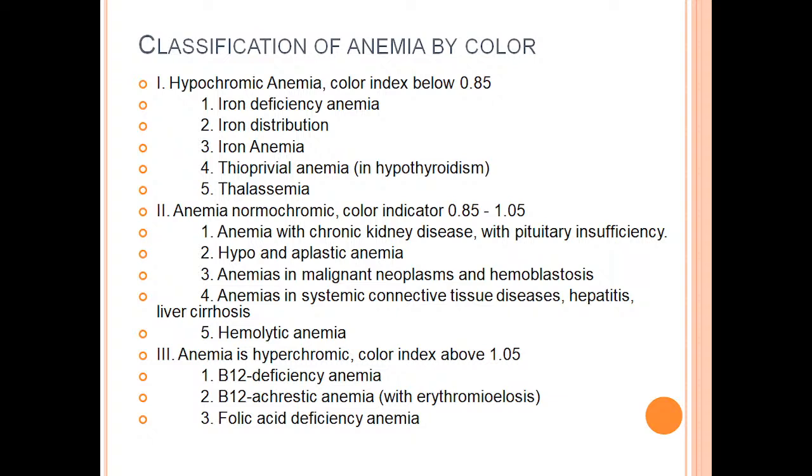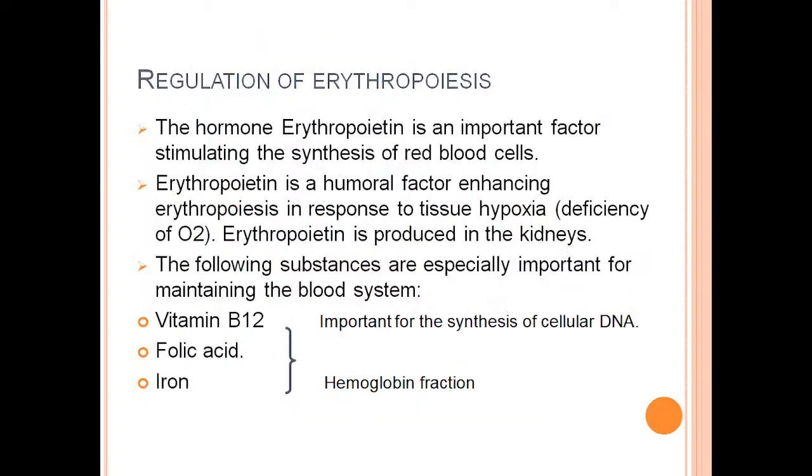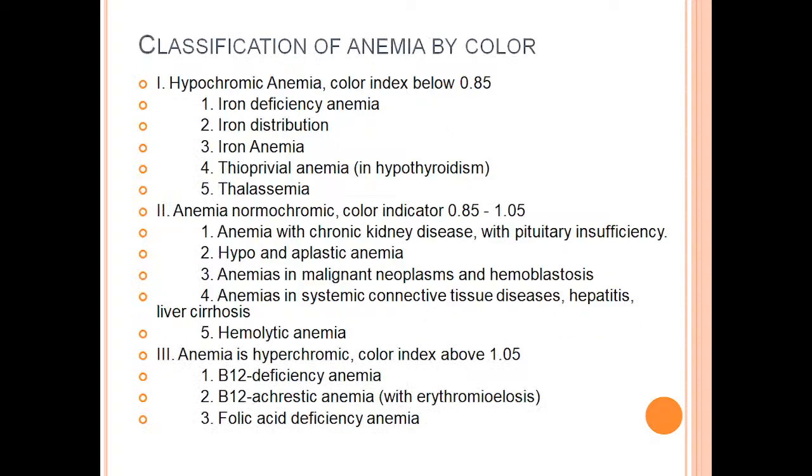It can be anemia with chronic kidney diseases, hypo and aplastic anemia, anemias in malignant neoplasms and hemoblastosis, anemias in systemic connective tissue diseases, and hemolytic anemia. And the third type is hyperchromic anemia, where the color index is above 1.05. These are B12 deficiency anemia and folic acid deficiency anemia. You can write this information.